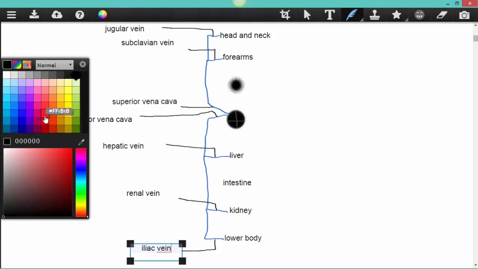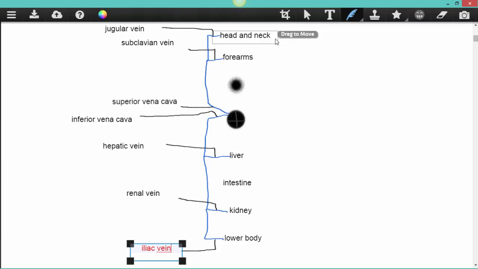Now we'll do the arteries with red to show oxygenated blood.